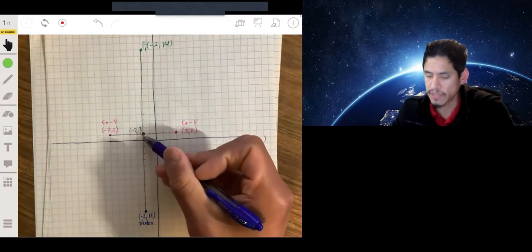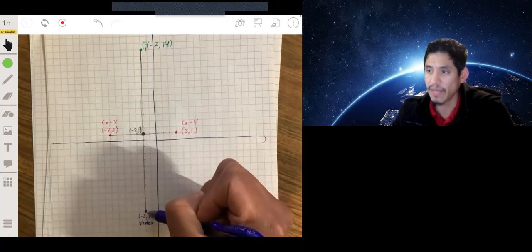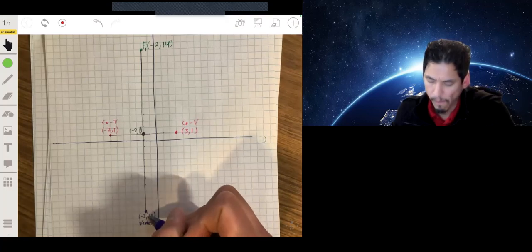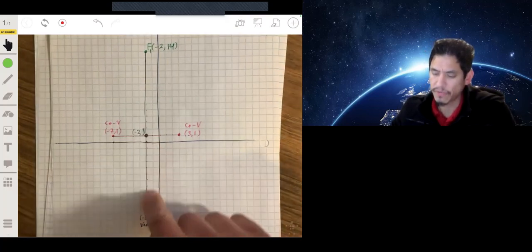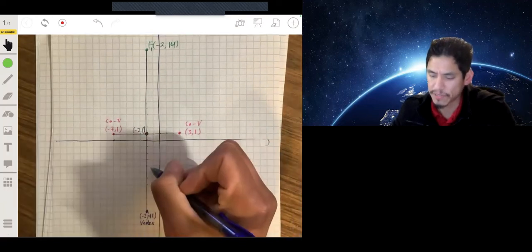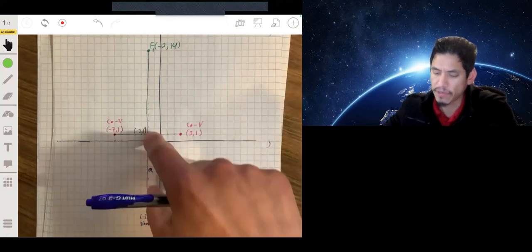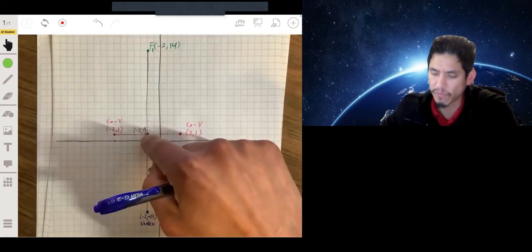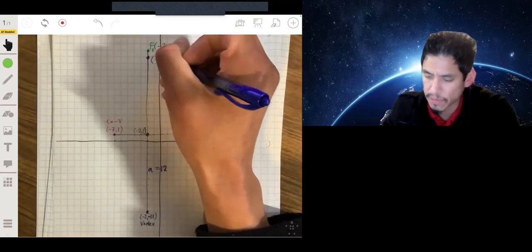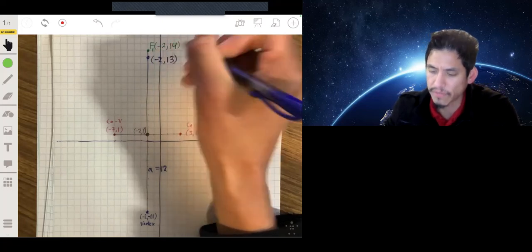And then one of your vertices is at negative 2, negative 11. So this is 12 units away. So that's just right, A will be 12. And then the other one will be 12 units above the center. So we go from 1 all the way to 13. So then this will be at negative 2, 13 for the other vertex.